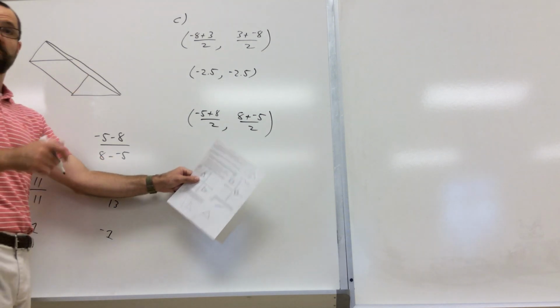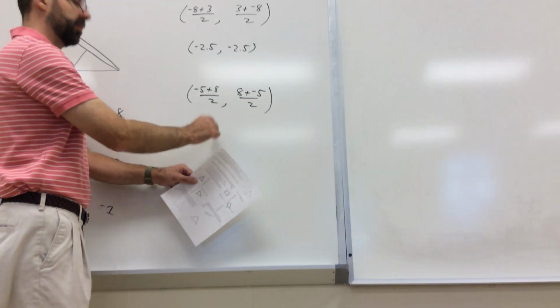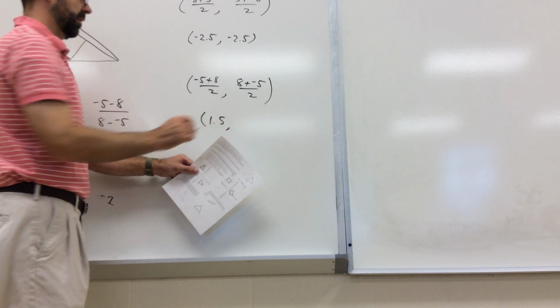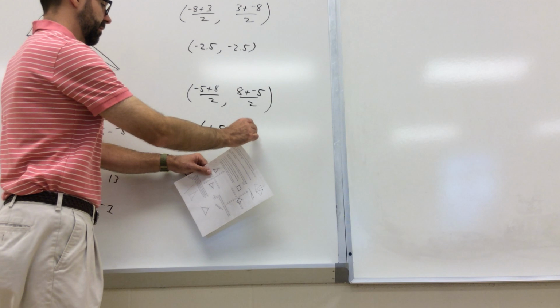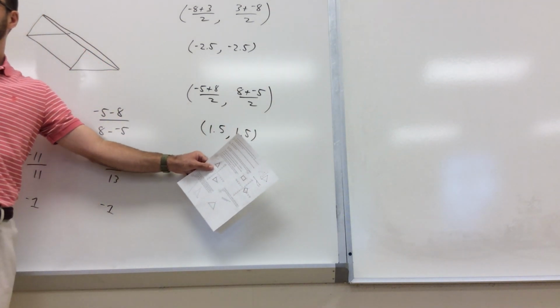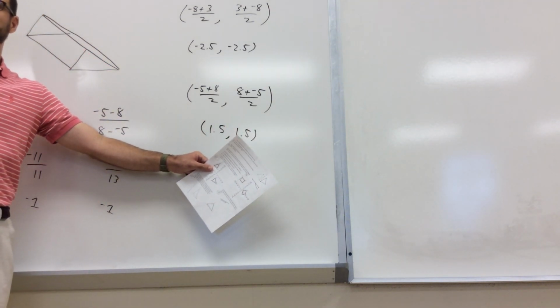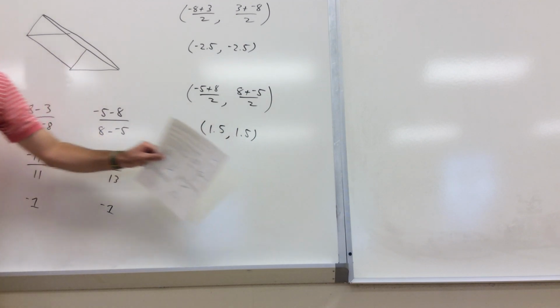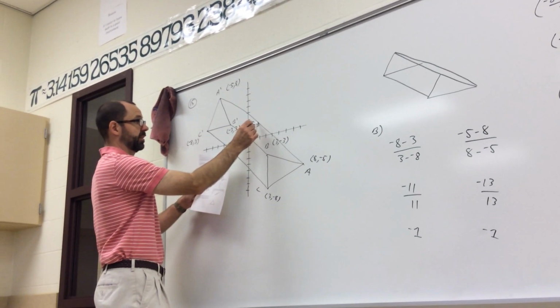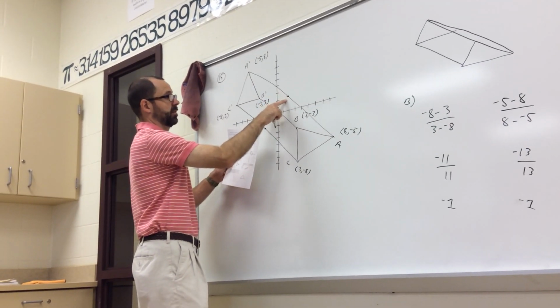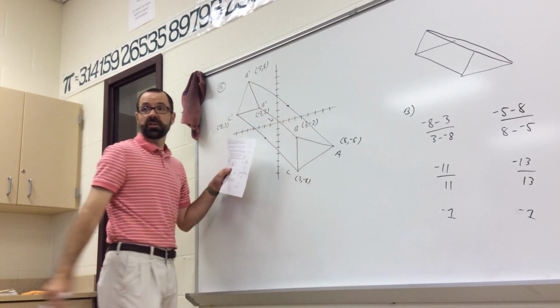So that divides out to 1.5, and this divides out to 1.5. So now I'm going to come over here and go 1.5, 1.5. And there's my other midpoint.